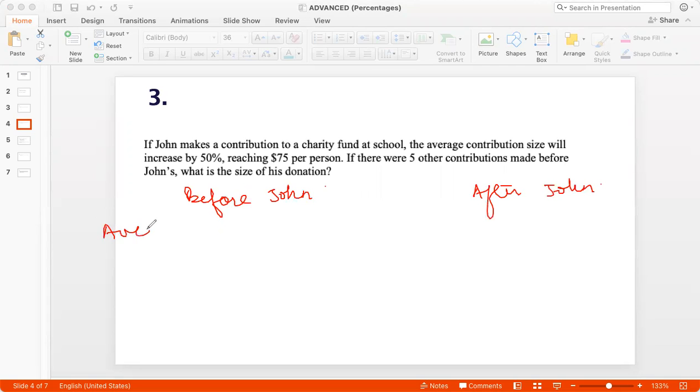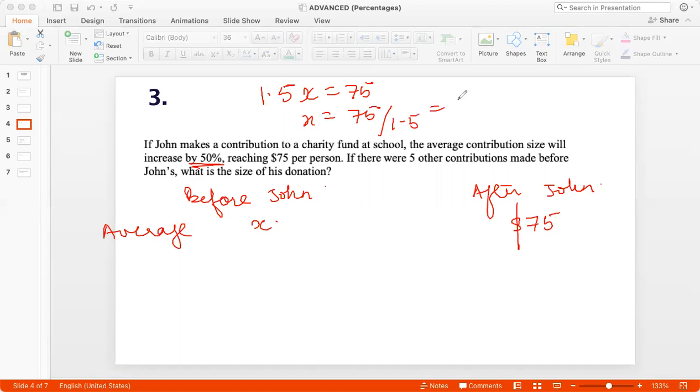And let's say the average before he came into the picture was X and after it is $75, right? So X was increased by 50% to reach 75, which means 1.5X is 75. So X is 75 divided by 1.5, which is 50. So the average contribution before John donated was $50.